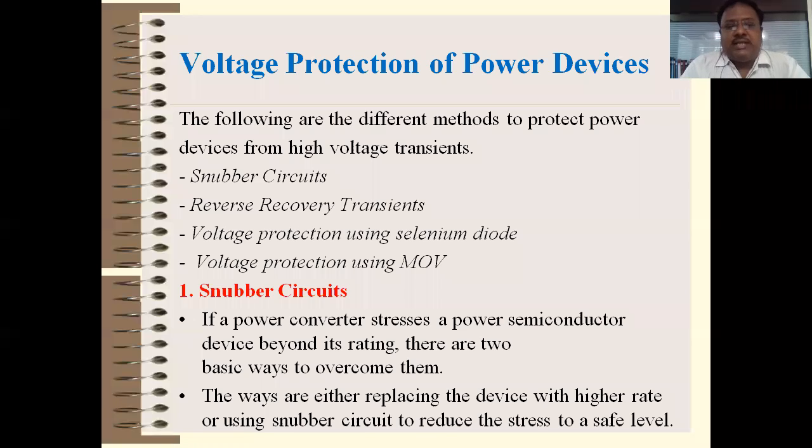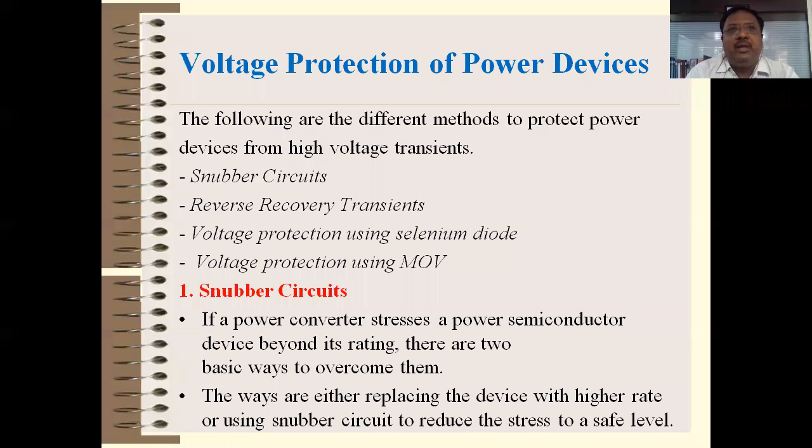Okay. Second one, if the device is in reverse bias condition and a high voltage spike appears across the SCR with anode negative with respect to cathode, then because of that high voltage spike, your device may be damaged permanently. So these are the various conditions.